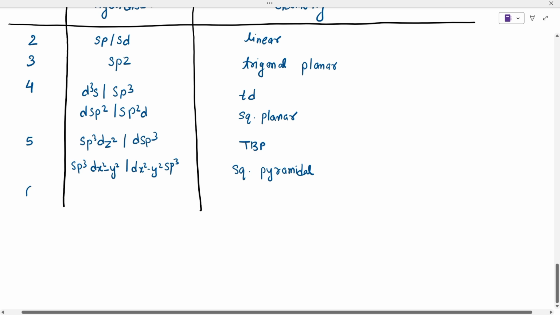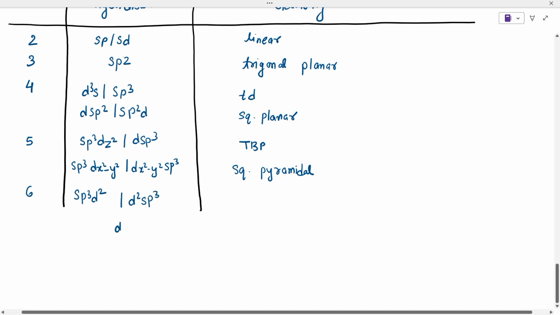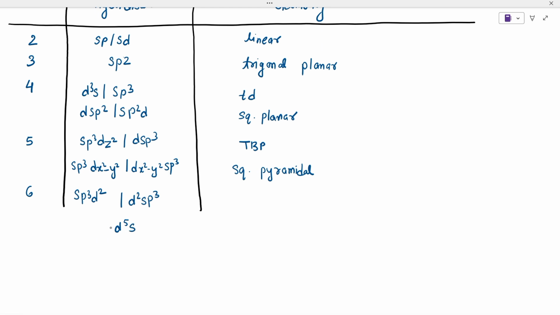Next, if we have coordination number 6, then we will get sp3d2, d2sp3 and d5s. These three hybridizations are possible for coordination number 6.